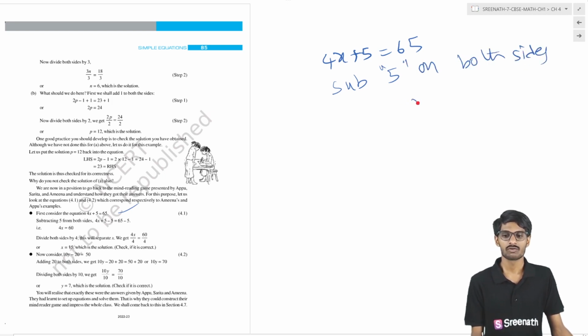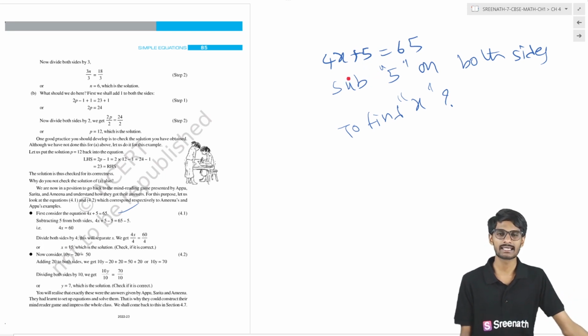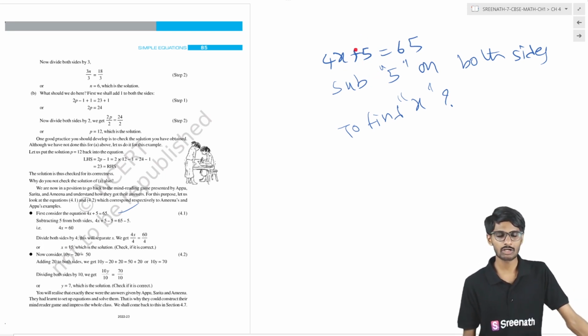Because our aim is to find x. We have to keep one x on the left side only, with all the other terms on the right side. Then the remaining terms on the right side equal the x value, so we can find it. So subtract 5 on both sides.